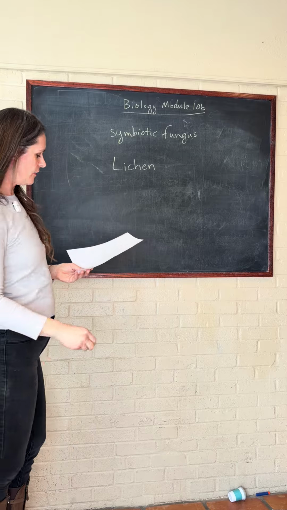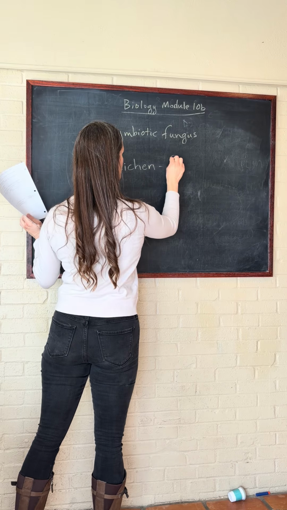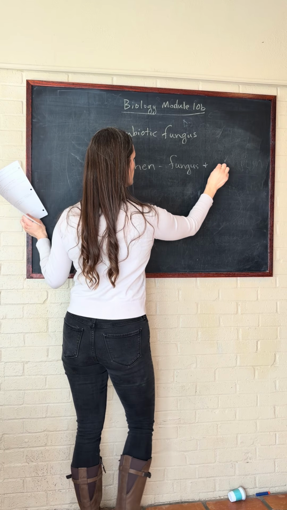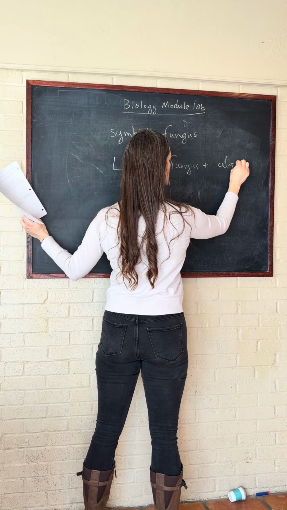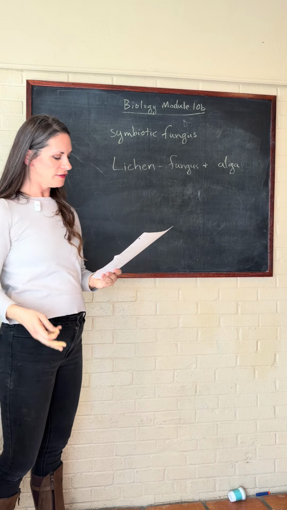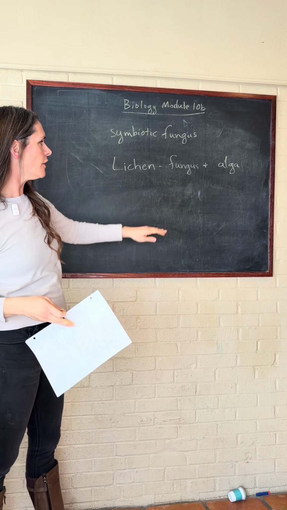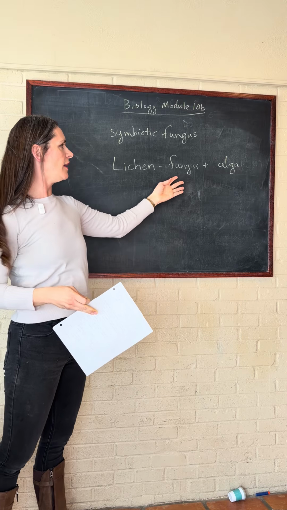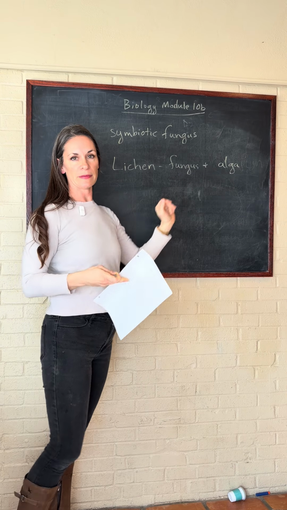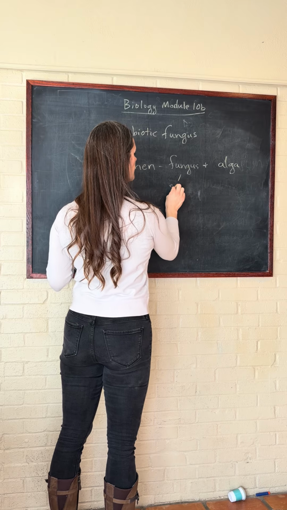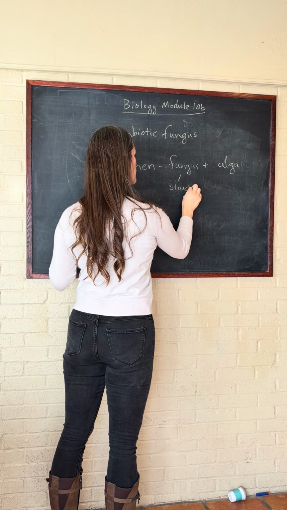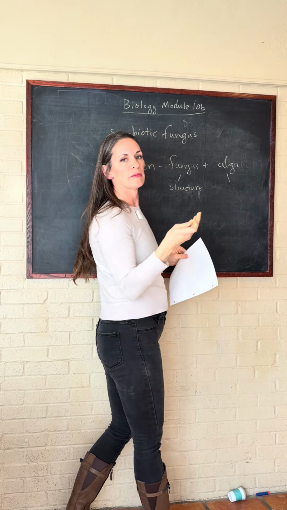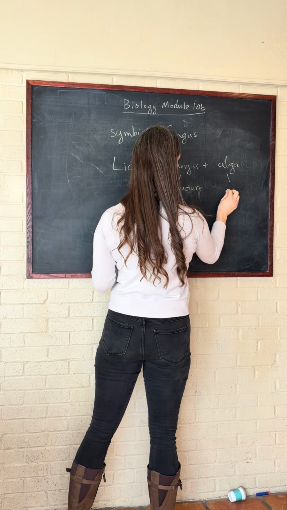Lichen is a symbiosis between a fungus and an algae, and the plural is alga, if you know your Latin endings. The fungus, so these are from two different kingdoms, kingdom Fungi and kingdom Protista, the plant-like protist. The fungus supplies the structure, and the algae, since it's a plant-like protist, does photosynthesis, and provides the food.